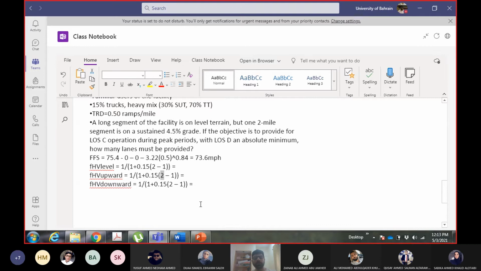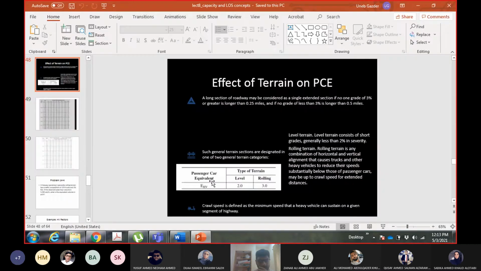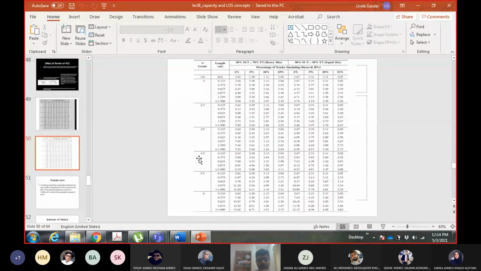This factor will change. For the upward gradient, come to this table: 4.5%, more than 1 mile, and 15% trucks, so the factor is 3.11. For downward, all values are in the first row. With 15% trucks, the factor is 2.04. So for downward, 2.04, and for upward, 3.11.